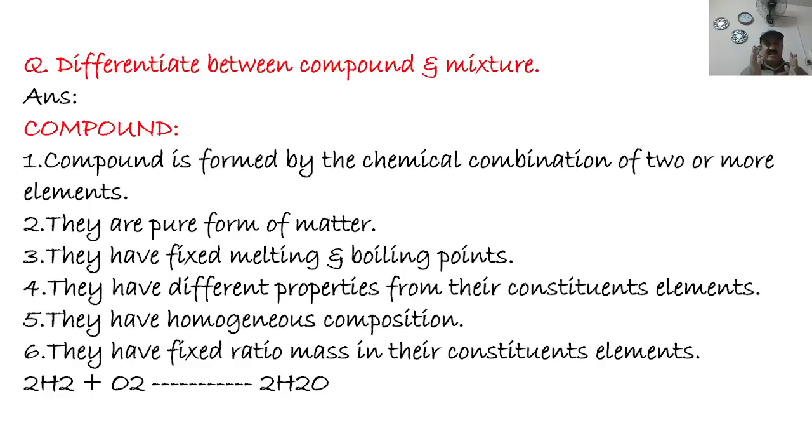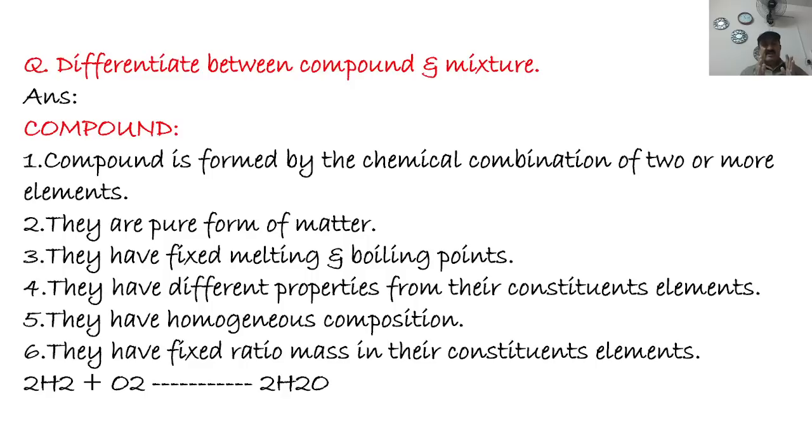Number three, they have fixed melting and boiling points, meaning sharp melting and boiling points. Number four, they have different properties from their constituent elements, meaning compounds have different properties from the elements from which they are formed. Number five, they have homogeneous composition.